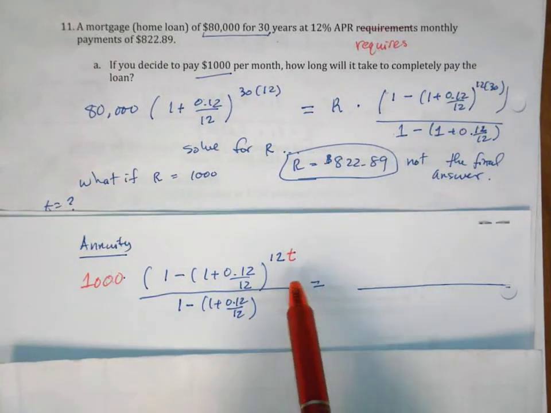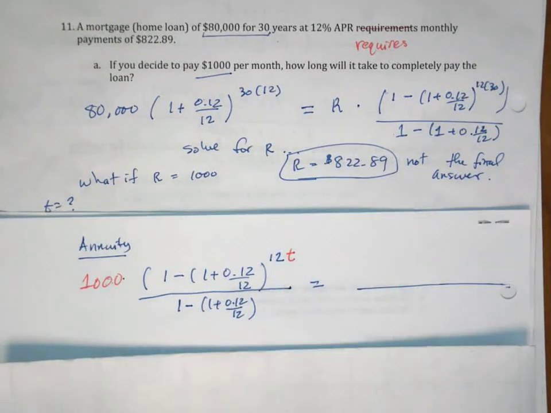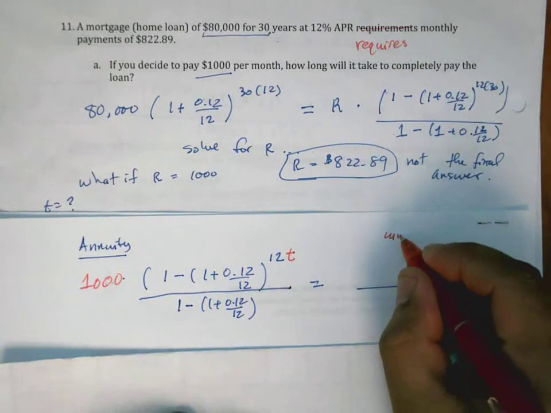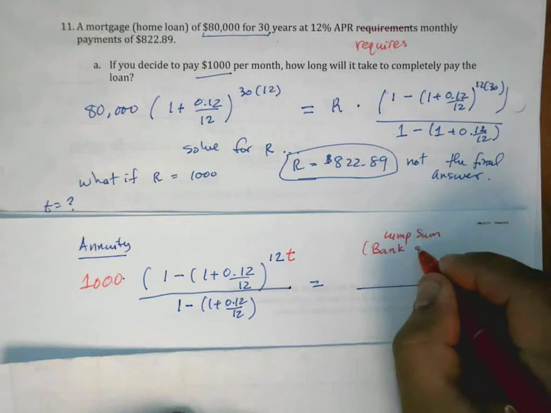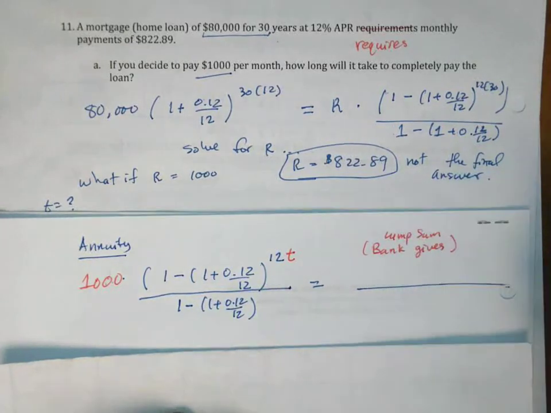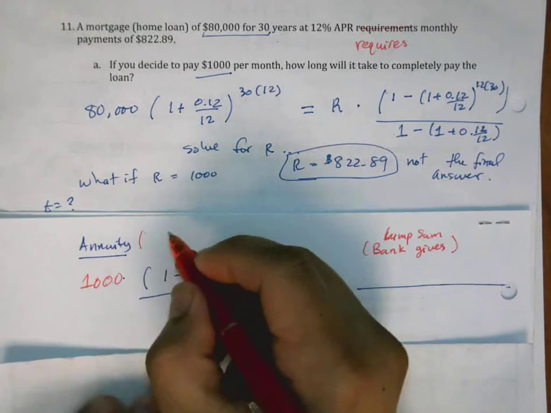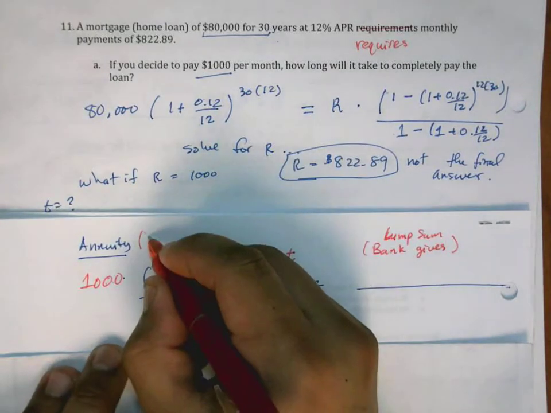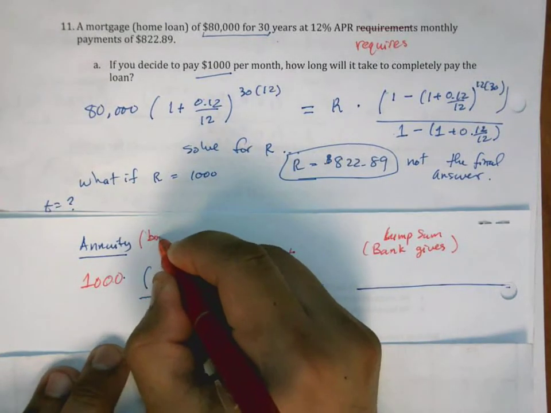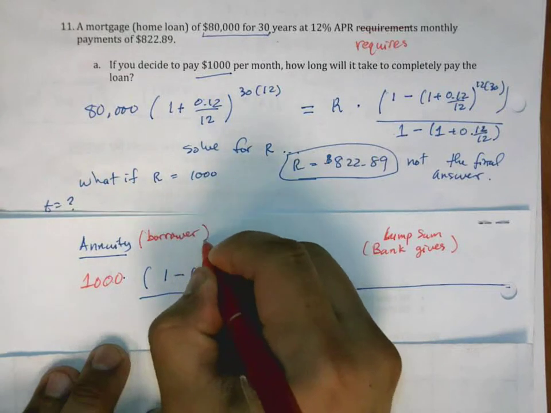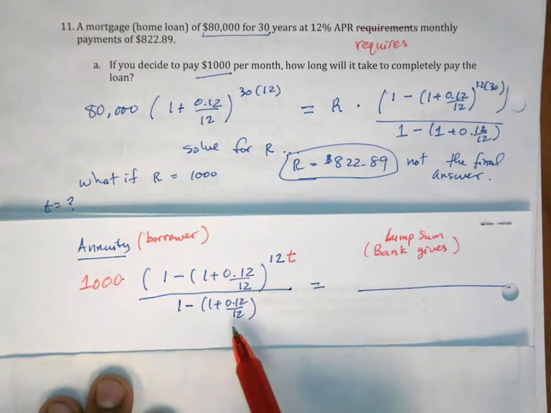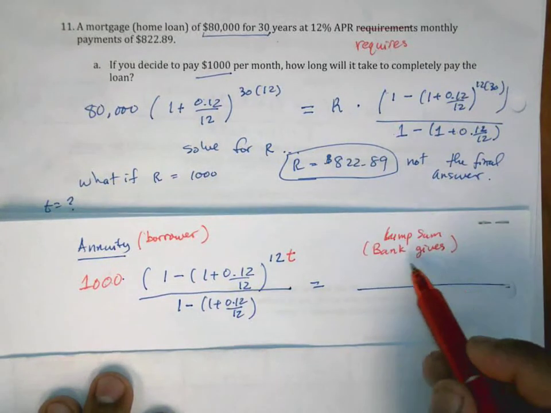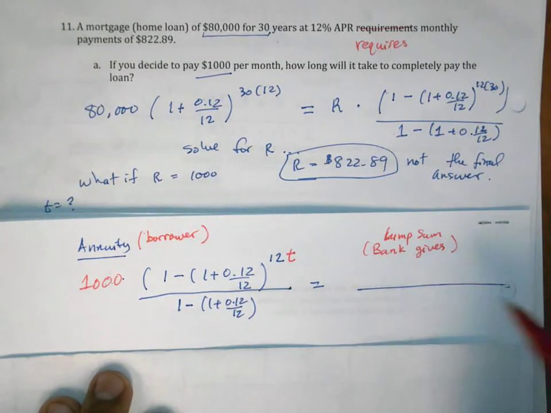Okay. But on the other side, this is the lump sum. So this is what the bank gives. On the left side, this is what the person or the borrower pays. So if you borrow money, you pay it back $1,000 every month according to this plan. And then on the other side of things, this is what the bank is going to give. Well, the bank is going to give $80,000.